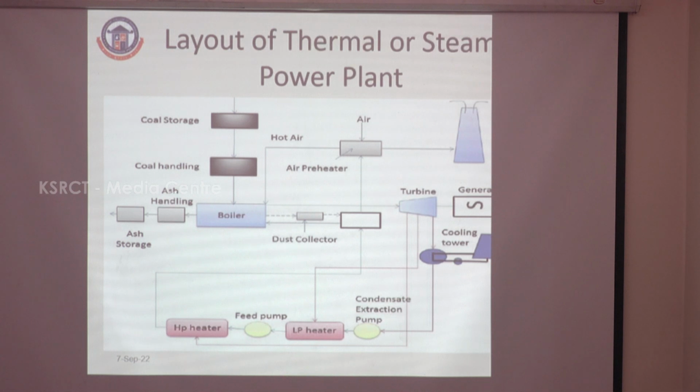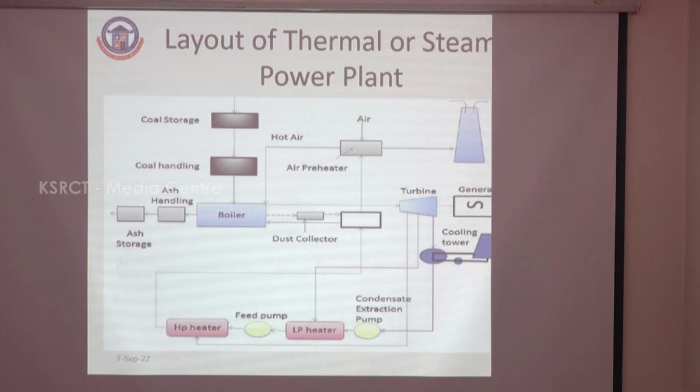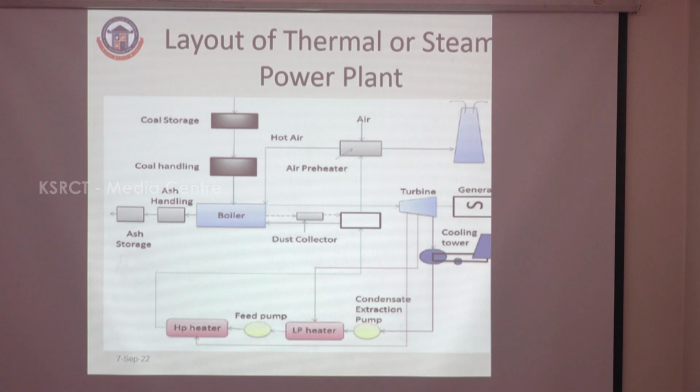The low pressure steam passes into the cooling tower and is condensed. Finally, the water comes out from the cooling tower and goes into the condensate extract pump. The water is pumped and goes into the low pressure heater. The water is now slightly heated and goes into the boiler. So this is the simple working principle of the cooling water circuits.